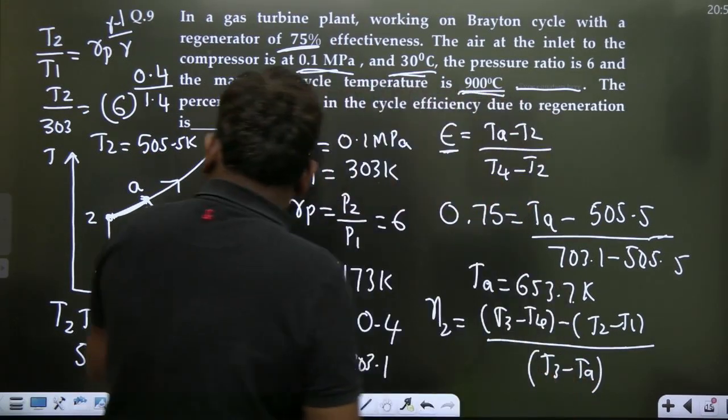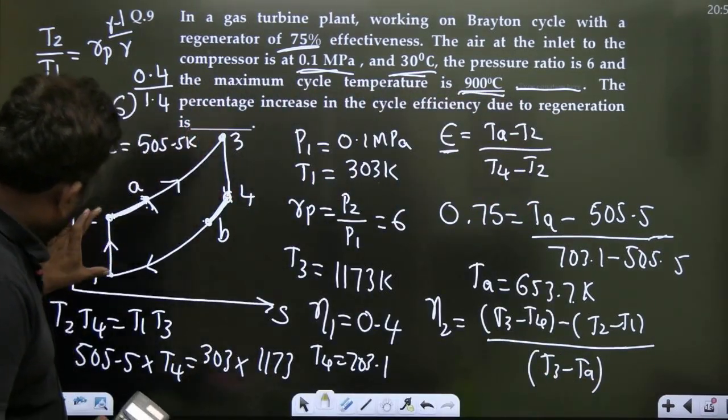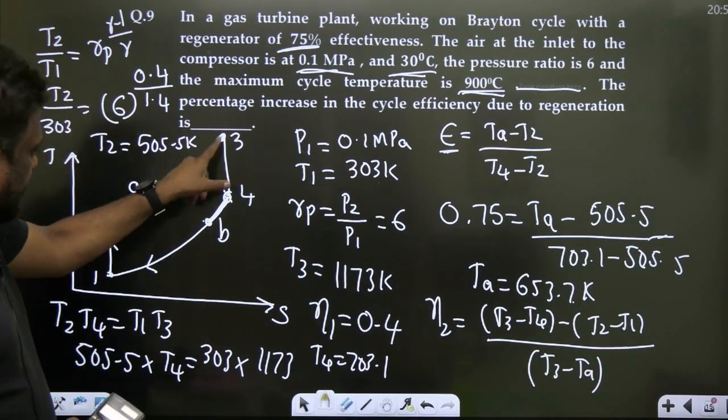I repeat, turbine work minus compressor work is net work, and heat supply is A to 3.